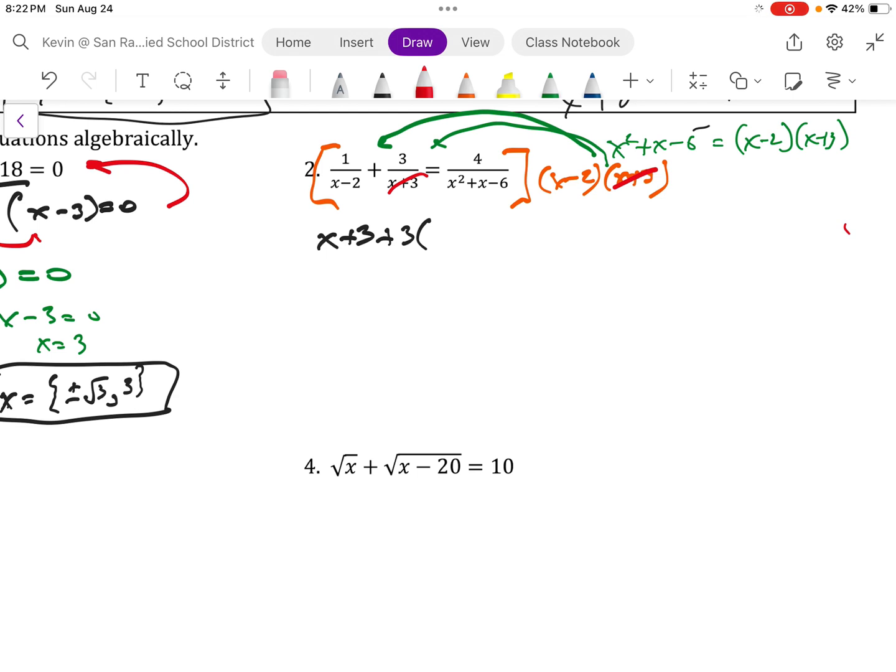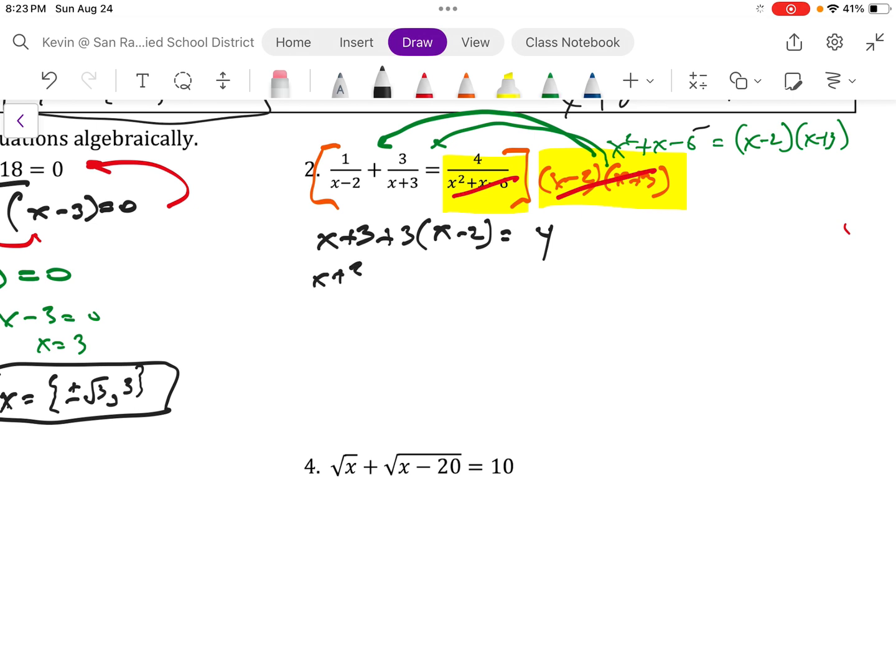That leaves me 3 times x minus 2. And then lastly, we're going to go here. Everything here cancels out, so this and that cancels out. All I'm left with then is 4.